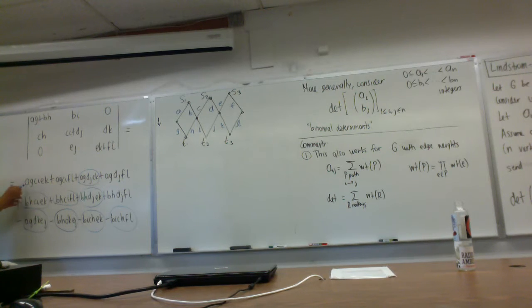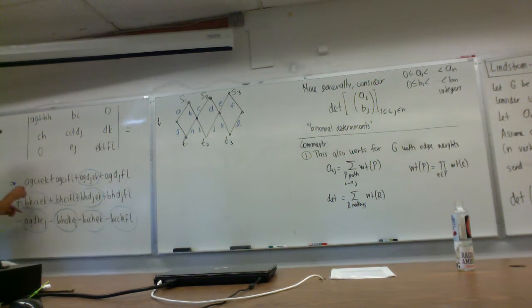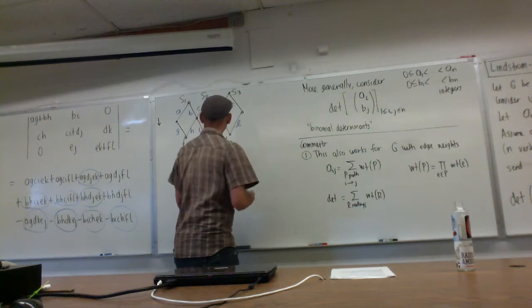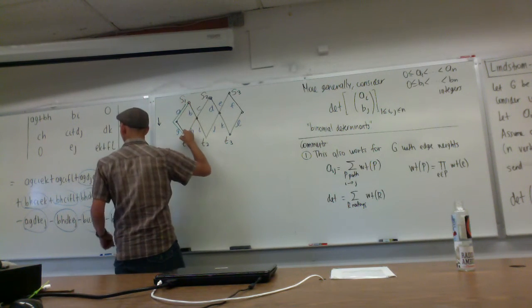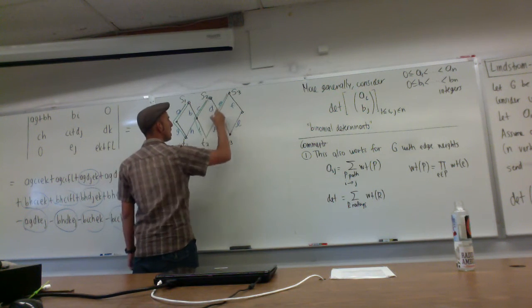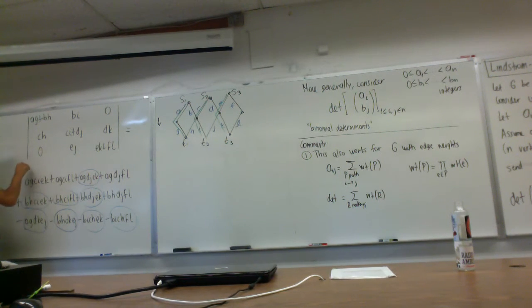And so what do I get? I get 4 terms, and that's why I knew that the answer was going to be 4 here. AGCIEK. Well, actually, if we draw that here, AGCIEK is actually this routing. I think this green is a little hard to read.